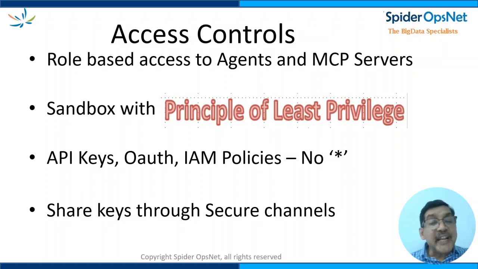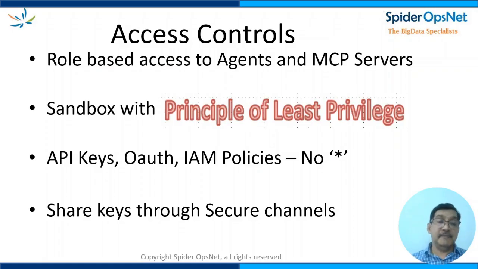You also need to share keys with external entities or other members. Make sure you share through secure channels like secure emails so that your keys don't get leaked and result in wrong hands.